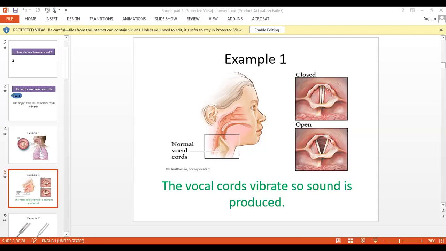And when they get away from each other and the patch has fewer particles, it's called the rarefaction. So the regions of air that have many particles are compressions, and the regions that have few particles are called rarefactions. The continuous compression and rarefaction of air particles is called the sound wave.